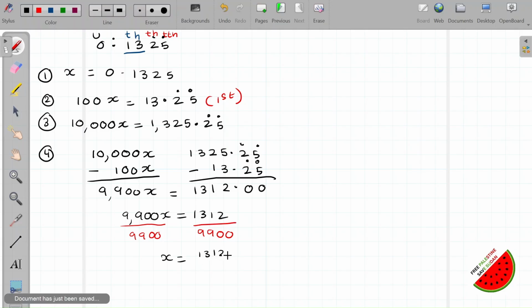So we get this. It can be simplified. I might use a calculator for this one. Right. I think I can divide it by 4. Yeah, I can divide it by 4.